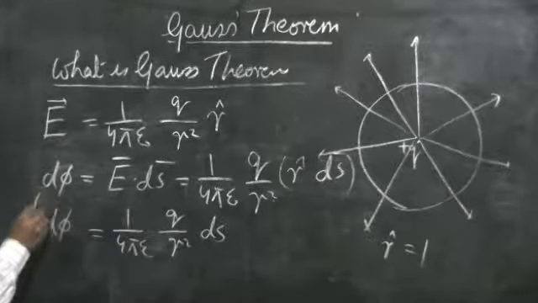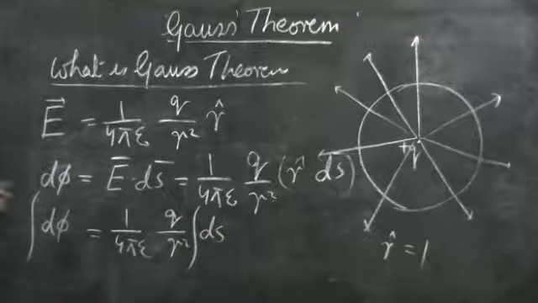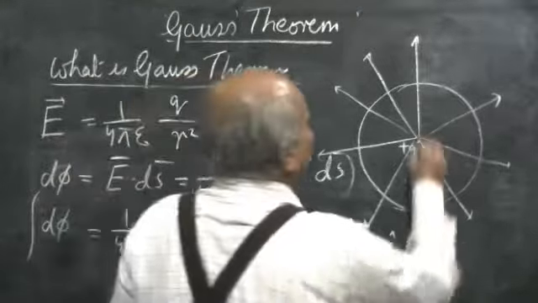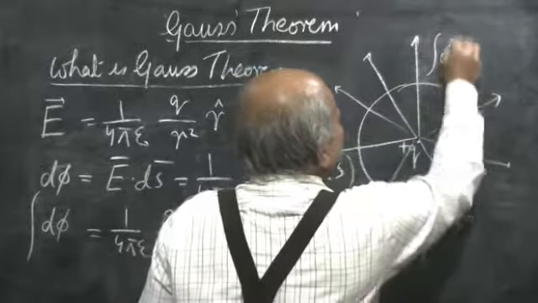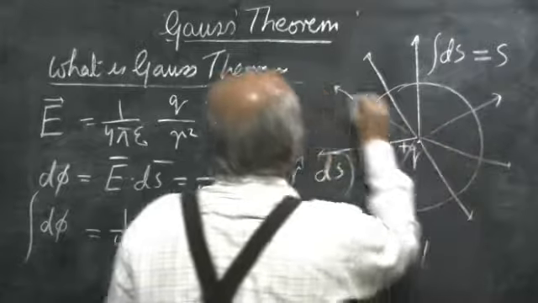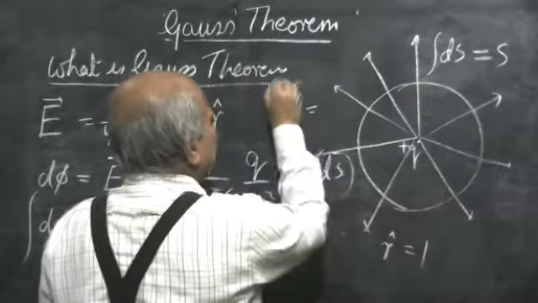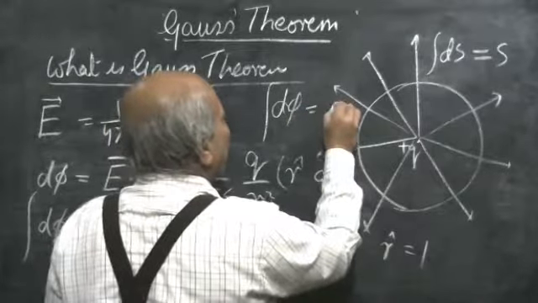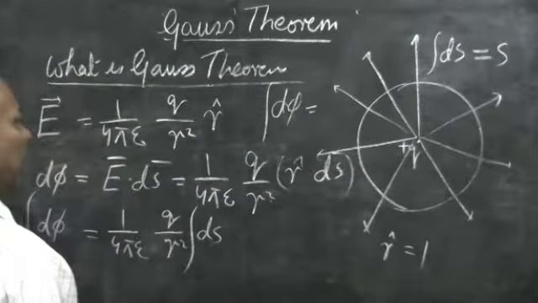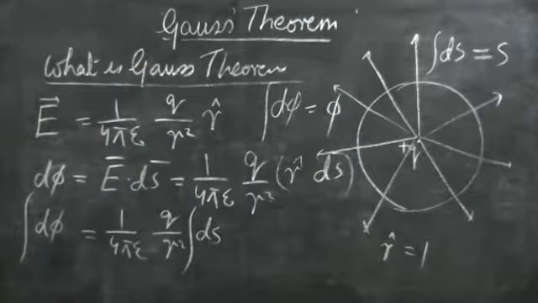Now if we integrate it, integration of ds is equal to S, and integration of d flux is equal to flux phi.